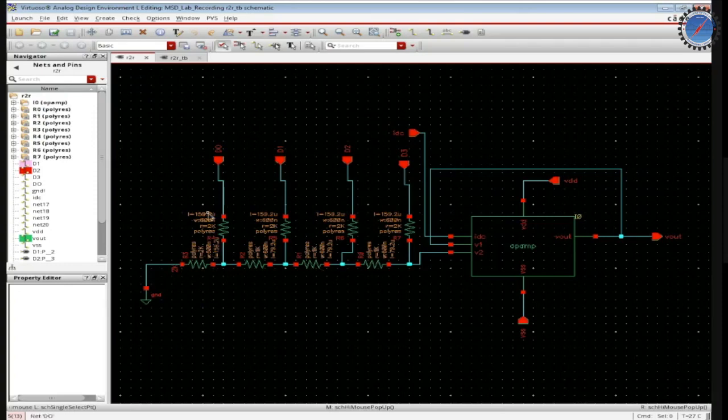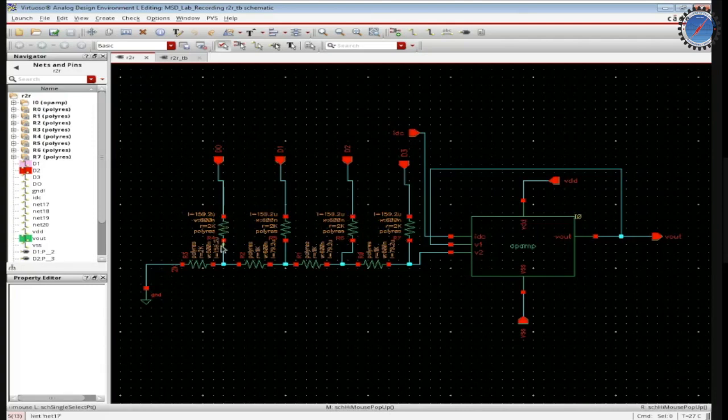You can see the structure of the ladder is slightly different from what we studied in the theory. In the theory we had one VREF connected to one end of the resistor, and all others had switches. Based on the value of the switch, the resistor was either connected to ground or left floating. But here, for ease of simulation, we have inverted the ladder.